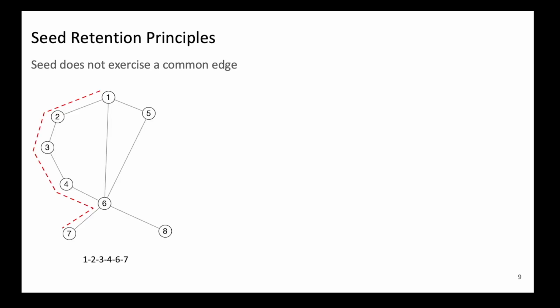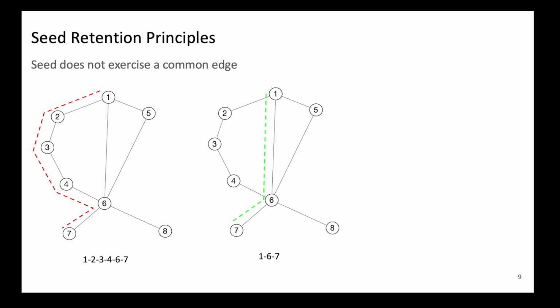The first rule is to retain seeds that can eliminate edges that have been executed. For example, the red dashed line indicates the path executed by the original crash. If we find the green path, the path it executed is a subset of the original path. Edges 2, 3, 4 are removed, so we will keep it.